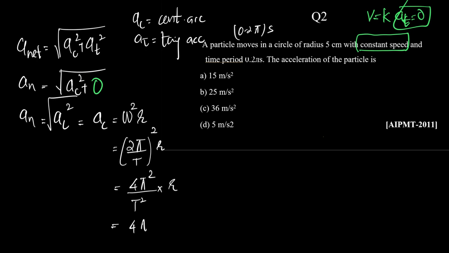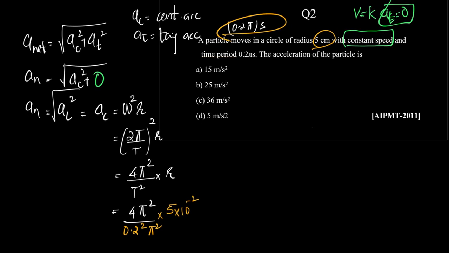So we can write this as 4π square. How much is T? T is given to us as 0.2π. This becomes 0.2 square into π square into r, r is 5 centimeter, so that is 5 into 10 to the power minus 2. So what do you get by solving this? π square by π square is 1.